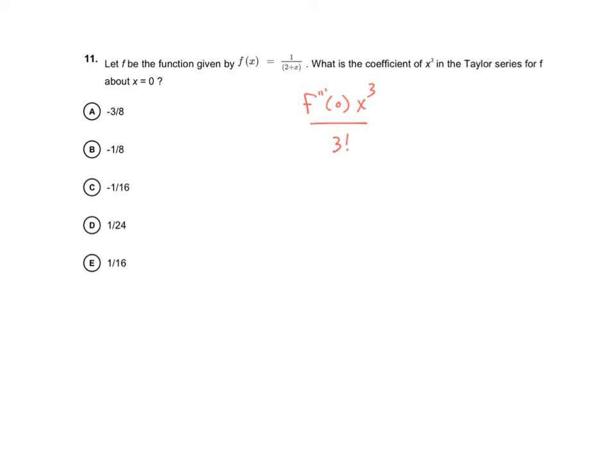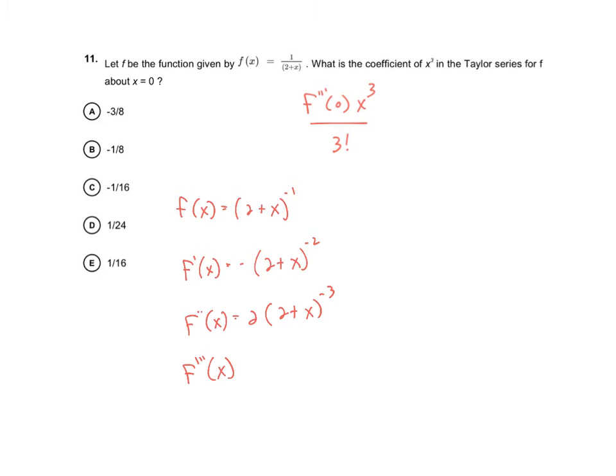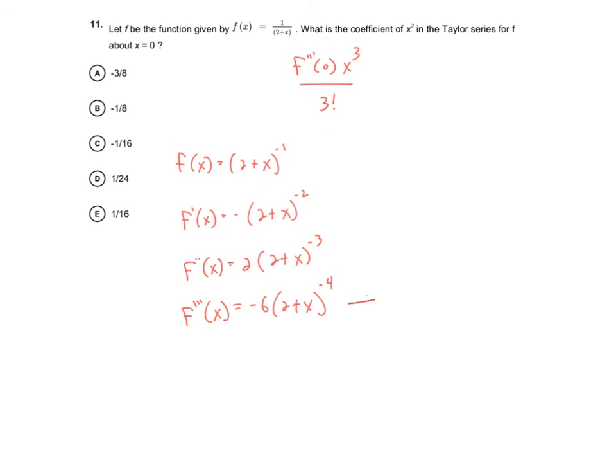Okay, so I'm just going to keep taking derivatives. This is actually pretty easy. Okay, so now if you plug in 0 into this, that is negative 6 over 2 to the 4th, 16.